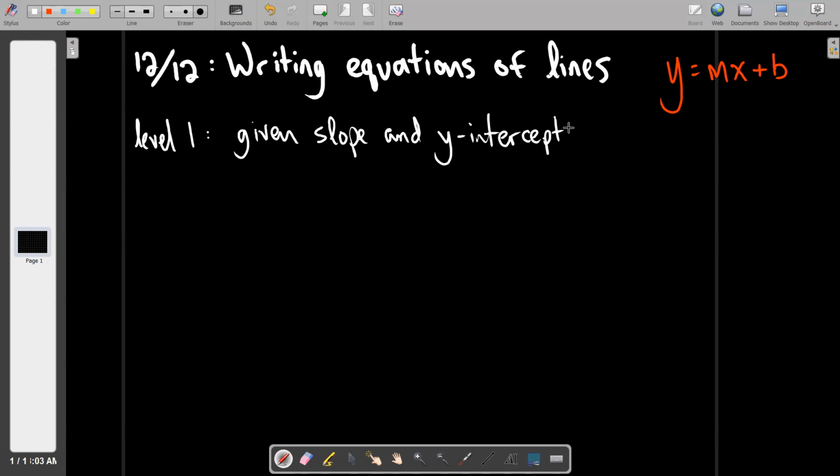So if anything I'm about to say confuses you, do a reboot, a reset, and know that you're making this way too hard. Let's say I told you that I had a line in mind and its slope was -1/2. So you can already picture the line going downhill, not very steep, down 1, right 2, right? And let's say that it has a y-intercept at, I don't know, let's call it 4.